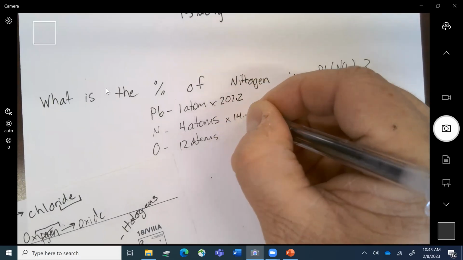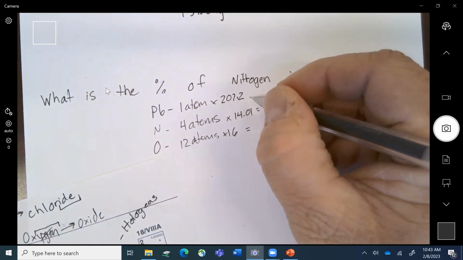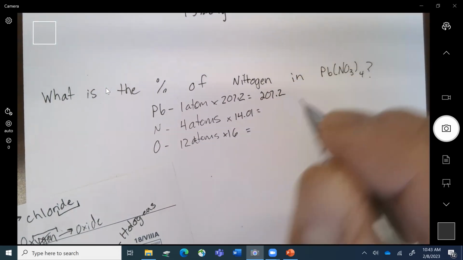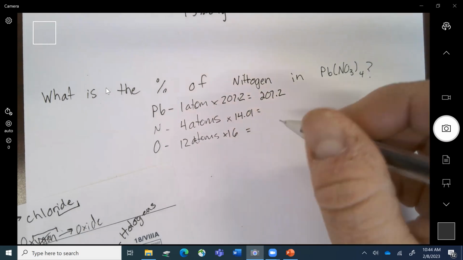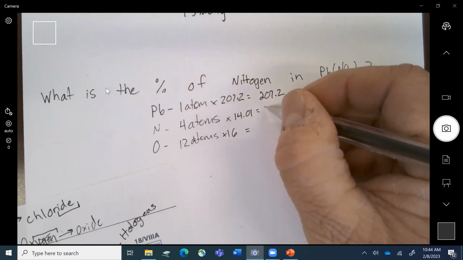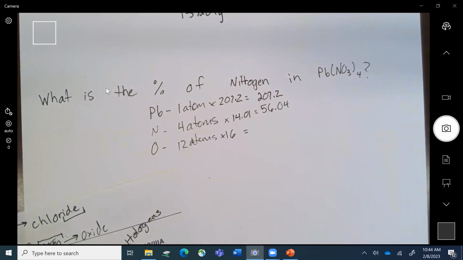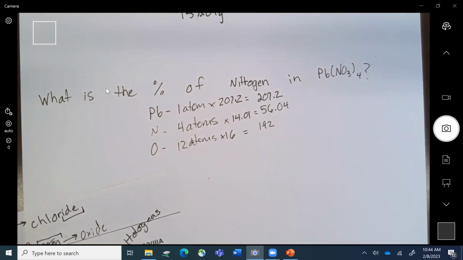This is 14.01, and this is 16. So this is 207.2. That is 56.04. I think that's 196, but I'm gonna double check. 2 times 16, 192. I'm gonna do that one too, just to make sure I didn't mess it up.